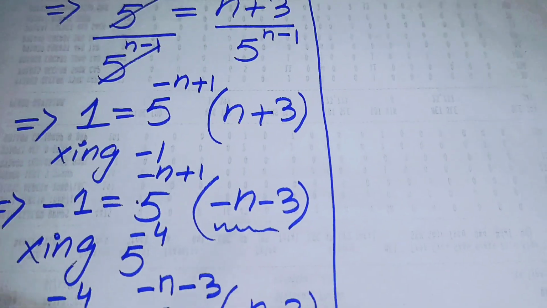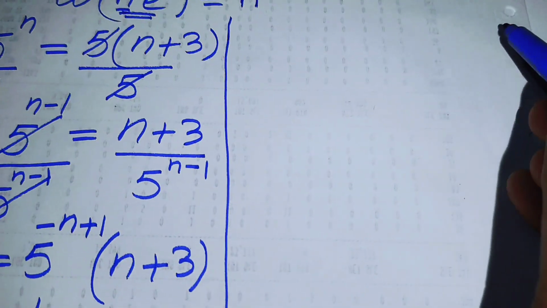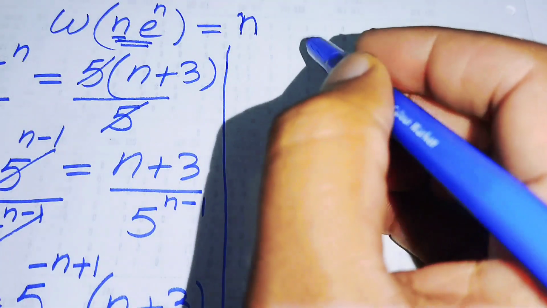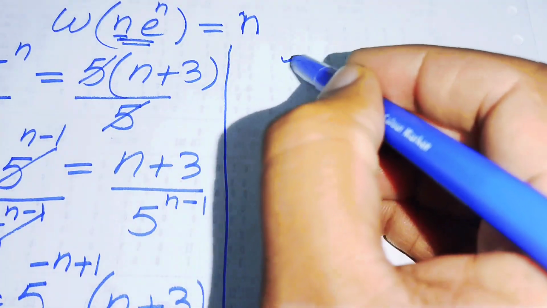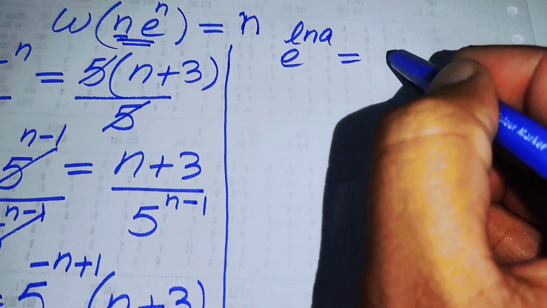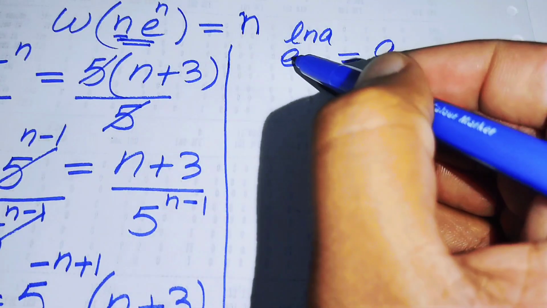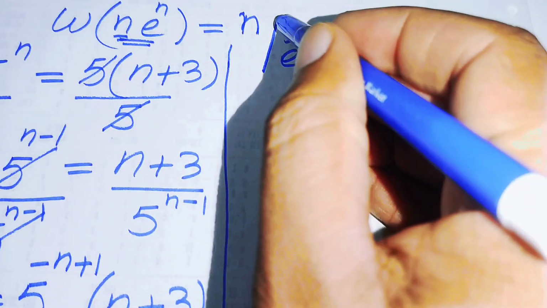In the next step I can use the logarithmic property. You know this logarithmic property: if we have e to the power of log a is equal to a, because you see that e and log, the log and anti-log, cancel each other, and we write it as a.